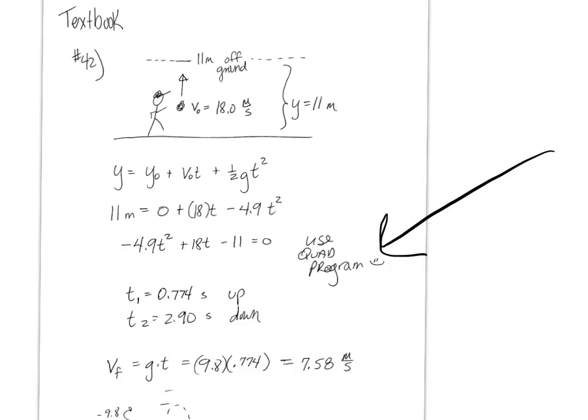You've been given y, and they're asking you to find time. So you've got to set up that equation and solve the quadratic. Also, it asks you how fast it's going at 11 meters. So I went ahead and took the time on the way up and plugged that in for the velocity there. So you can take a second and look through that one.